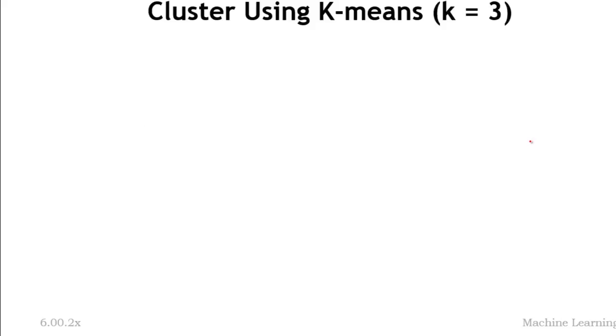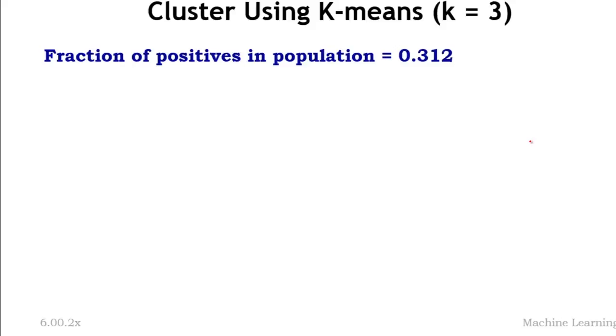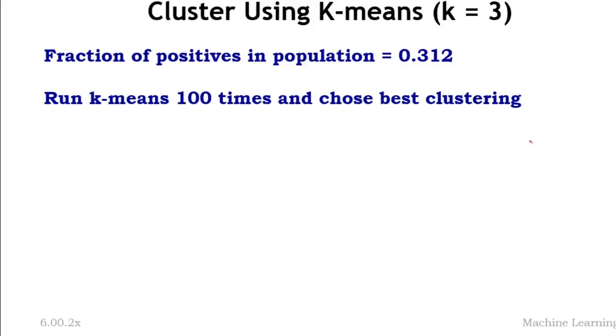Now let's cluster these patients using k-means with k equal to 3. We're going to run k-means 100 times and choose the best clustering, and then evaluate the clusterings by looking at something called the odds ratio. Well, what is the odds ratio?